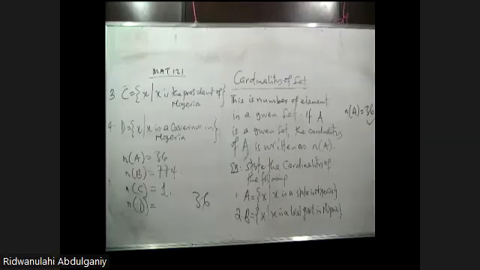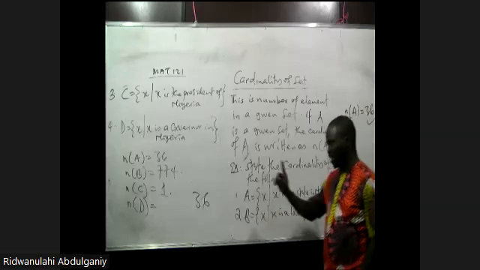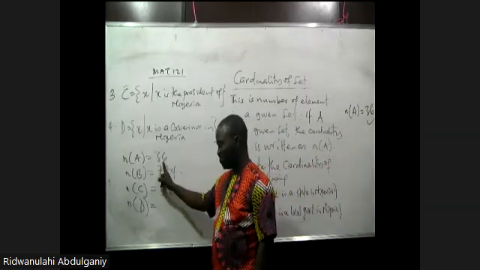I think the cardinality of D is 1, sir. How? Because you said X is a governor in Nigeria, just a governor in Nigeria. What's the cardinality of a state in Nigeria? 36.